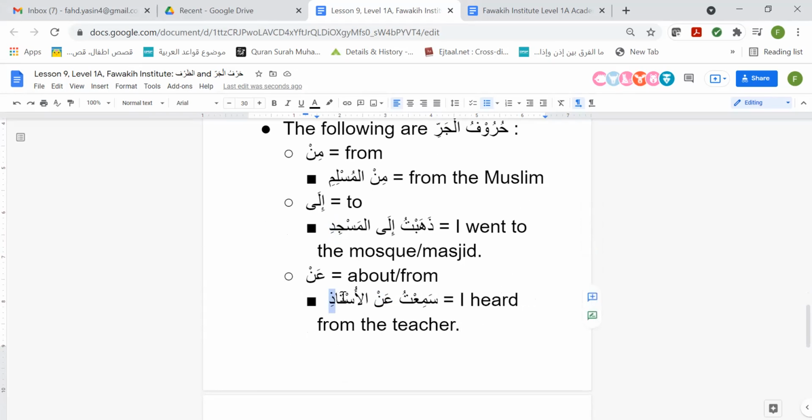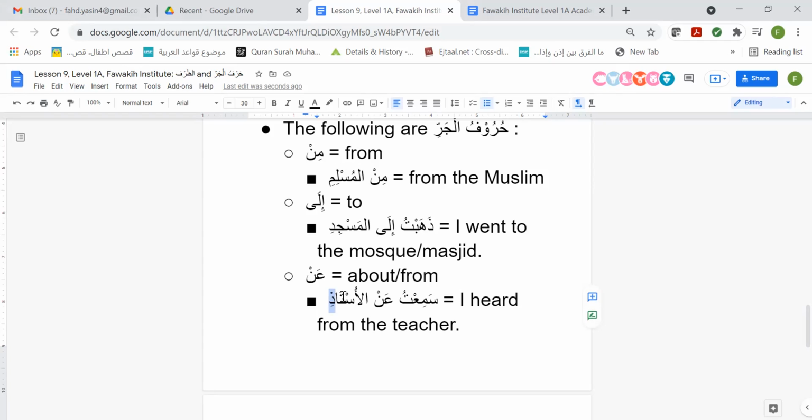Sami'tu an al-ustadi, with the kasra. And for simplicity's sake, you guys know that for dual and plural it's aini or ina, right? Muslimaini, muslimina. I'm just using singular ism here, so that I don't have to worry about dual and plural right now.